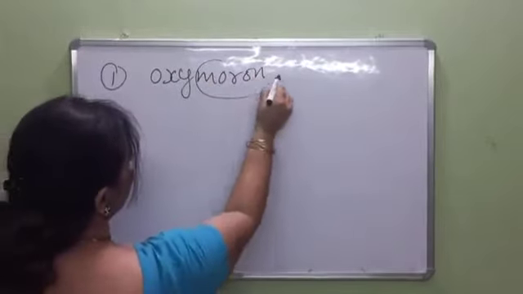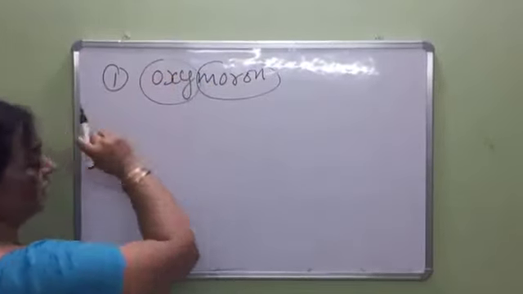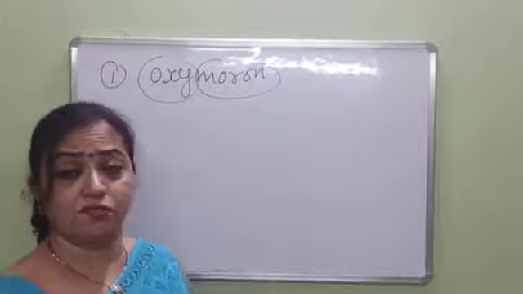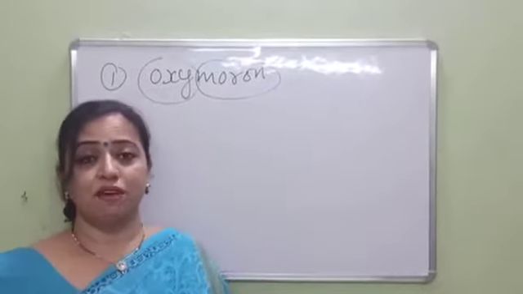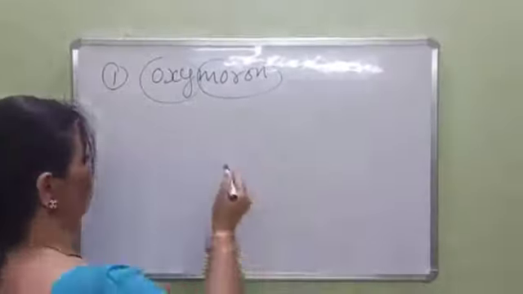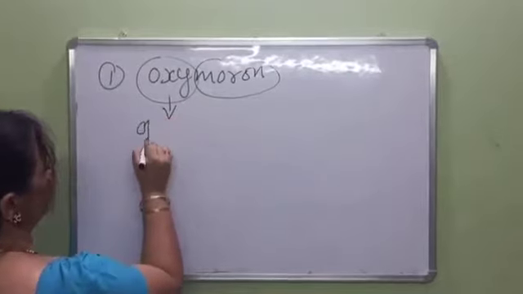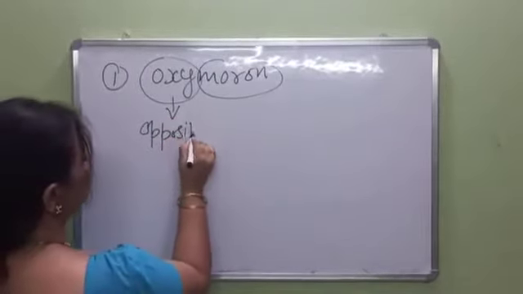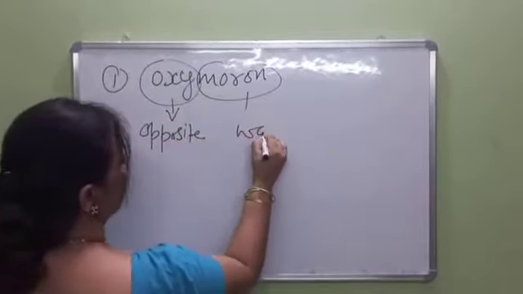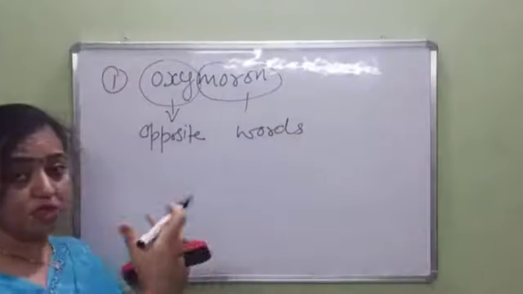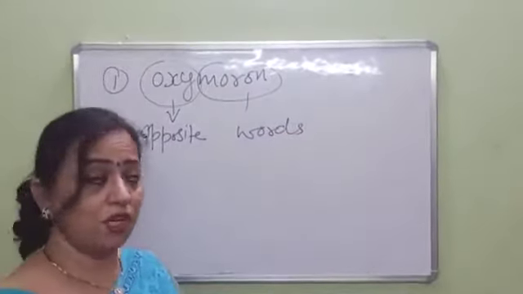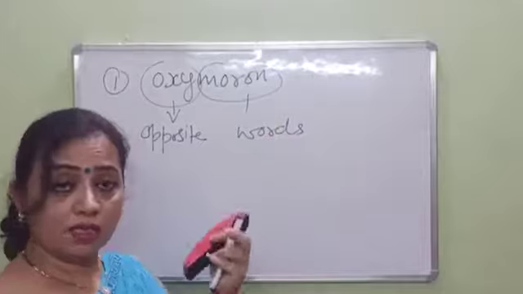I told you earlier also that whichever terms of English we do, we find the meaning in the word itself. Oxymoron. So oxy means opposite and moron means words. Opposite words given together in a speech, in a language, in a writing is oxymoron.